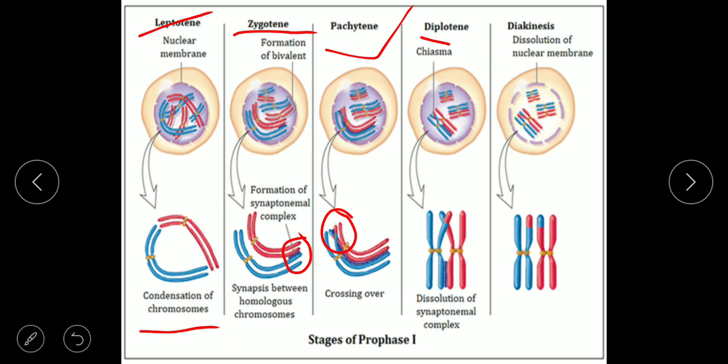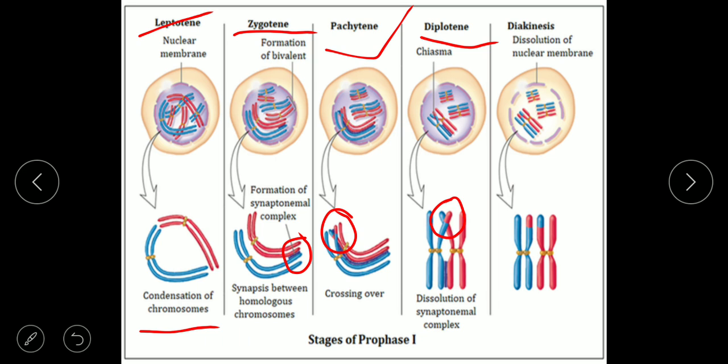Then fourth one is Diplotene, in which the synaptonemal complex starts disappearing, and the chromosomes become apart, but they remain attached at the places of chiasmata.